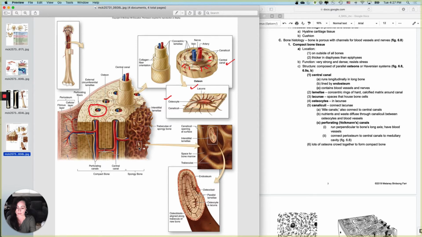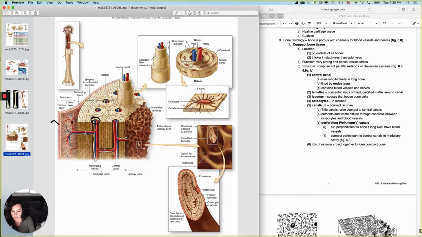And there's one other thing on this picture that you didn't learn before, and that is how it's all related to the blood flow that we talked about before. So what we can see over here is, okay, we see a central canal right there, right? And we already said that, okay, you get blood in from some perforating artery, and then it dives under the periosteum.